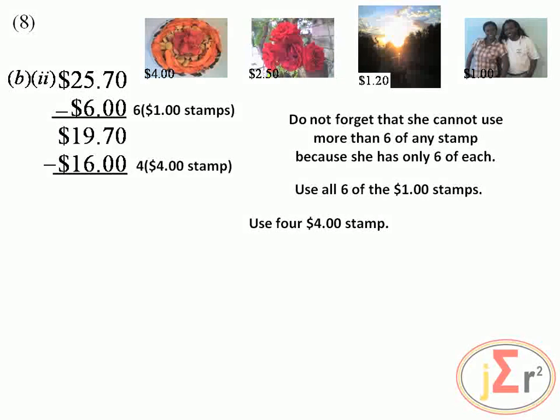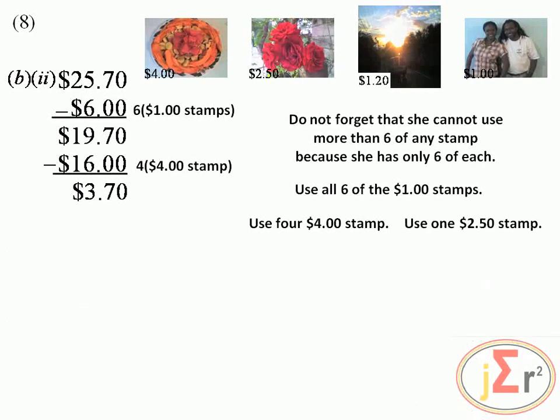Of course, we could not have possibly used 5 because 5 is going to go over to 20 and we only have $19.70 left. So we use 4 $4 stamps to $16 and we subtract that $16 from $19.70, so we have $3.70.